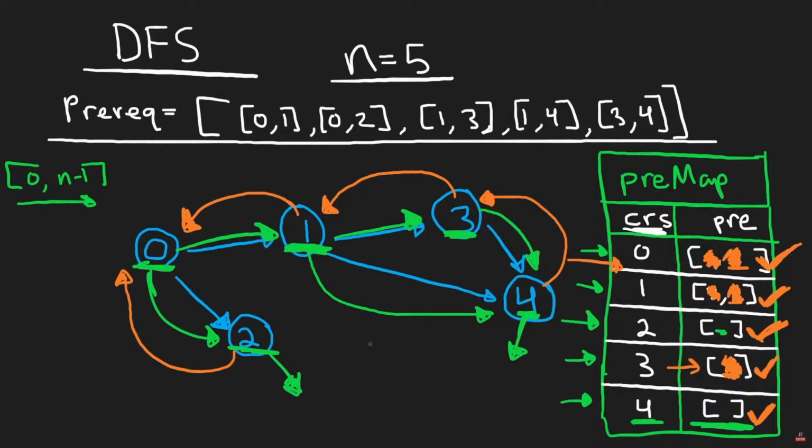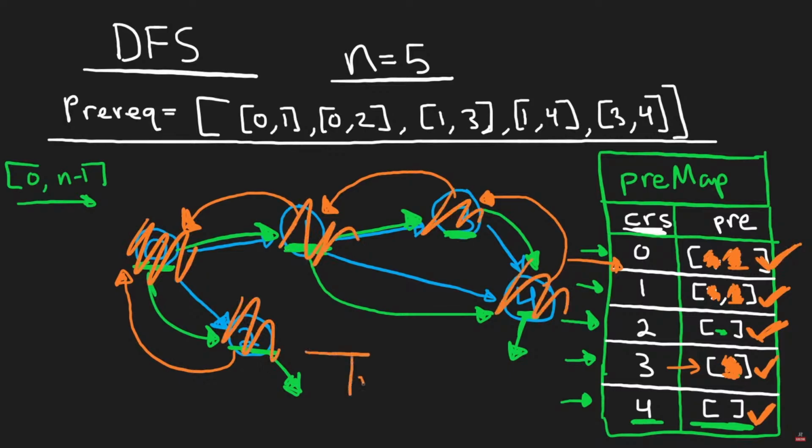So since we were able to complete every single course, that means we can return true. Every course is completable, and the time complexity for this is going to be big O of n, the number of nodes we have.